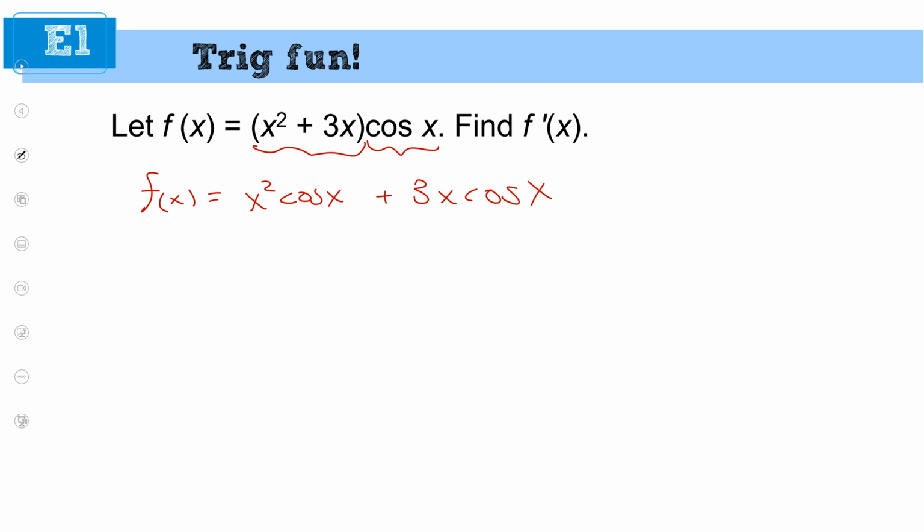There's nothing wrong with that, except in doing this, now all of a sudden I created one product rule here and one product rule here. And I think you would agree that's probably not a really good thing to do. So just stay with this bad boy. Derivative of the first times the second plus the second times the derivative of the first.